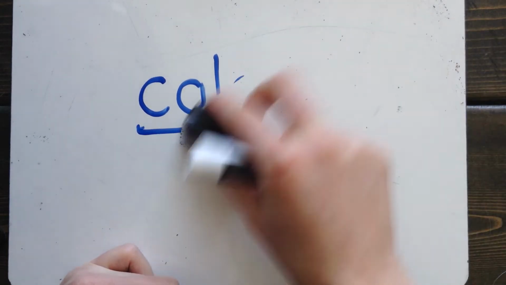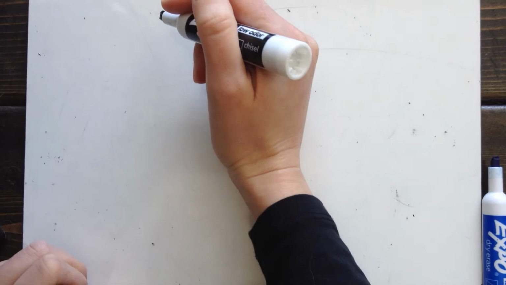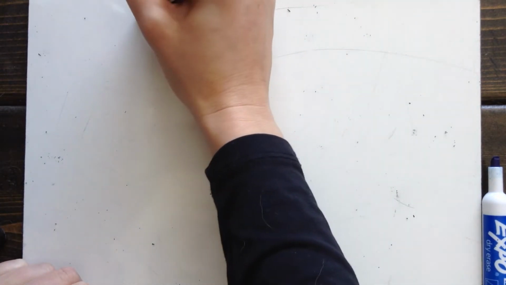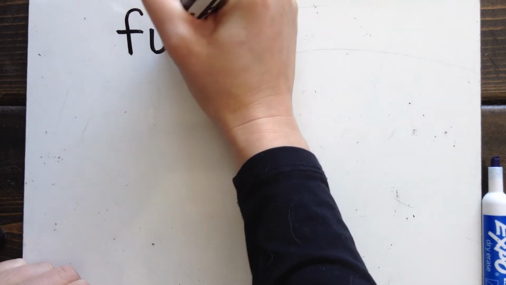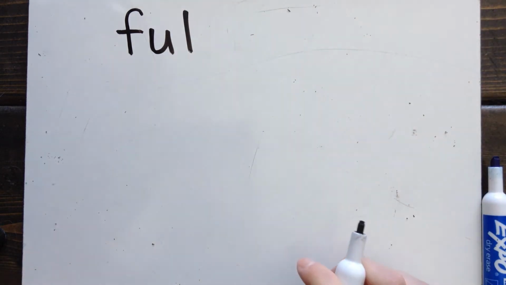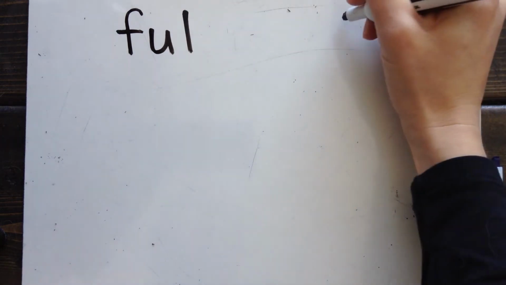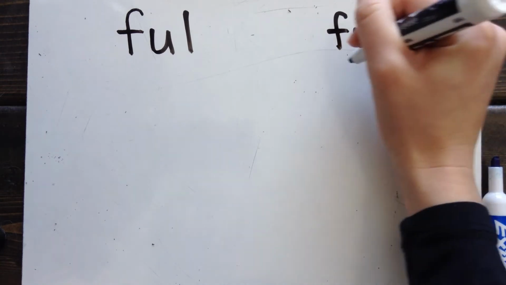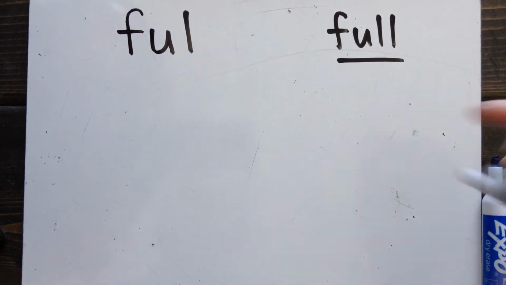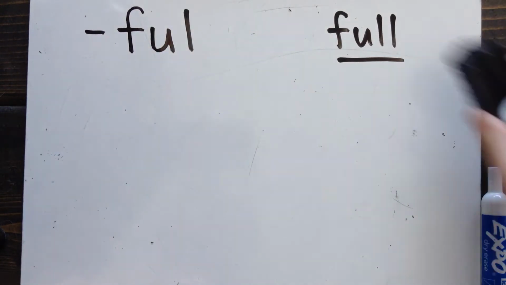We're going to look at a few common suffixes, although these are by no means all of the suffixes that exist in the English language. The first suffix we are going to look at is full. Don't be confused with the word full, which is a word all on its own. In this case, full is a suffix.